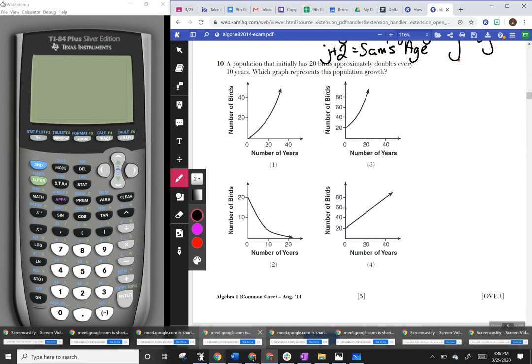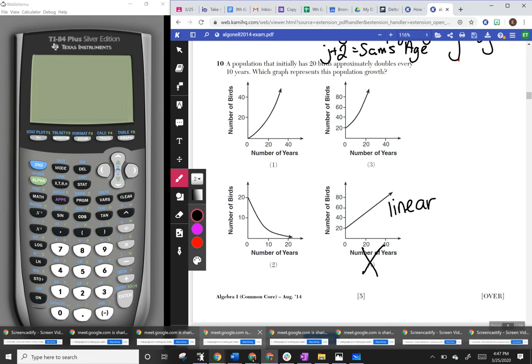Question number 10. A population that initially has 20 birds approximately doubles every 10 years. Which graph represents this population growth? The first thing I notice is we can get rid of option 4 because this is linear.